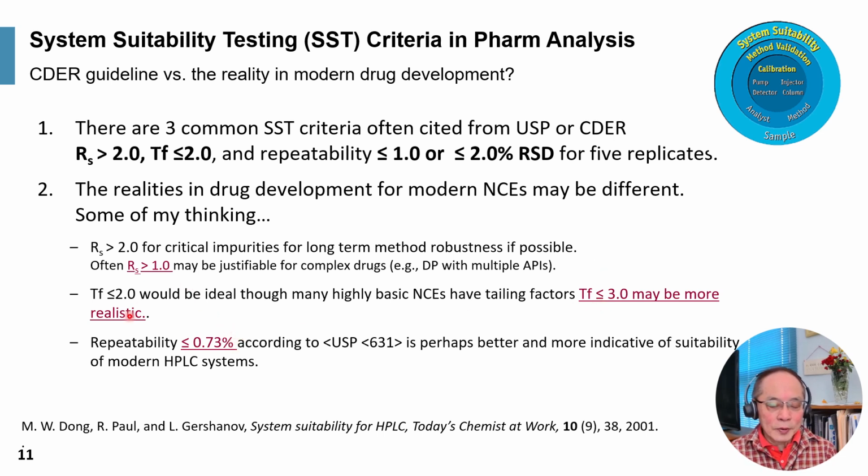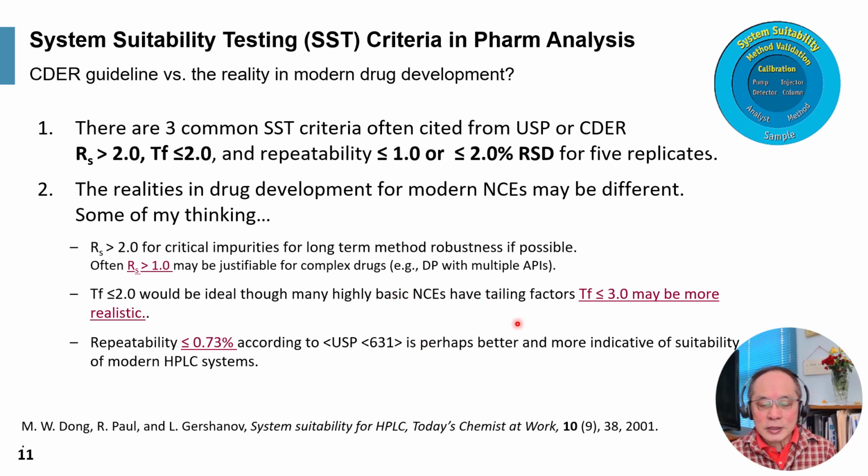Also, even though a peak tailing less than 2 would be desirable, there are many modern NCEs, new chemical entities, with maybe 1 or 2 ionizable nitrogen atoms, which make the drug highly basic.